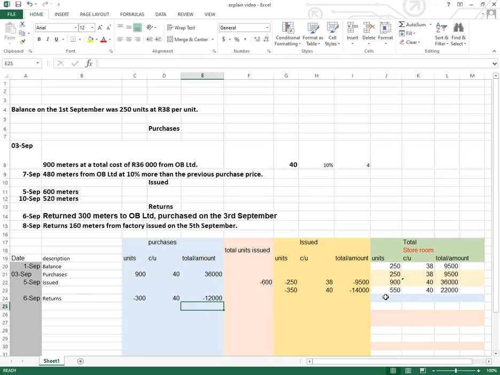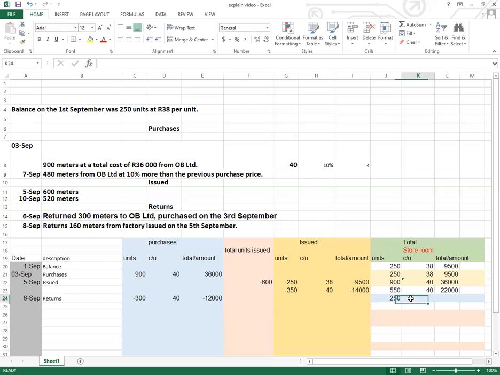I said the returns to the supplier is going to decrease our units, ne? Which means our 550 is going to decrease by how many units? By 300 units, ne?